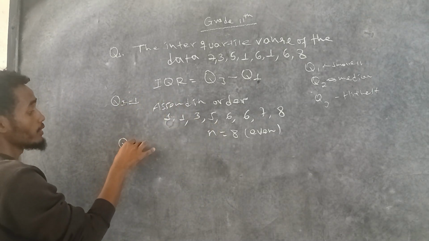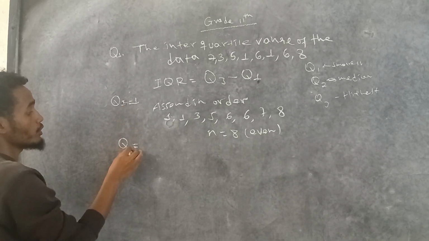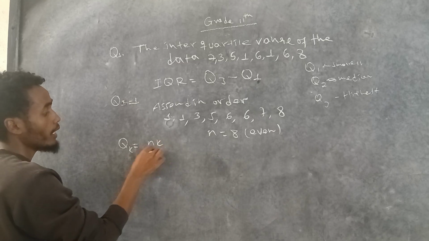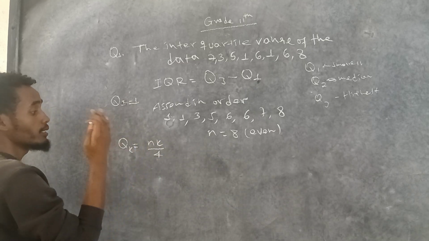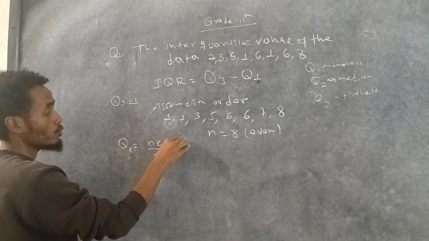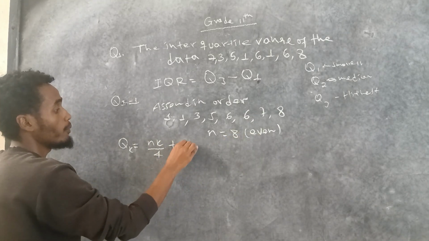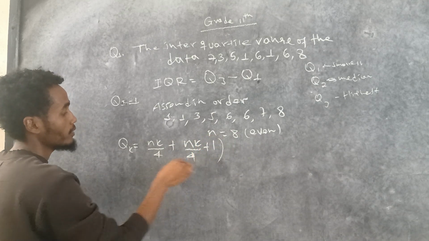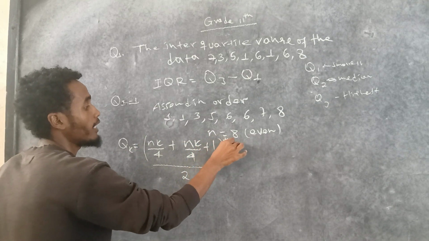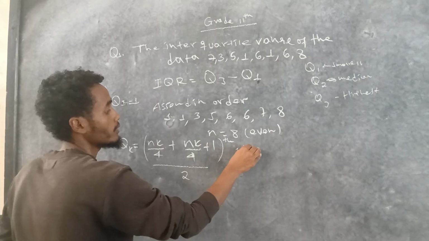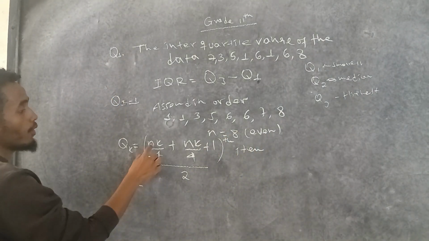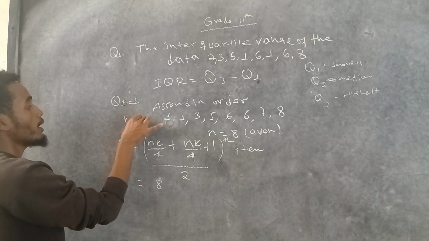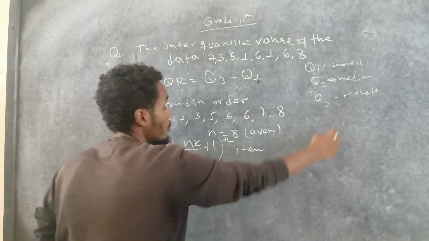The quartile Qk is the kn over 4 item. If n is even, we use the (kn/4)th item plus the (kn/4 + 1)th item, divided by 2. Our n is 8 and our k is 1, because we are finding Q1.